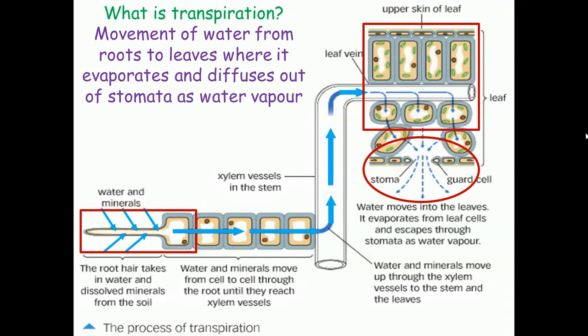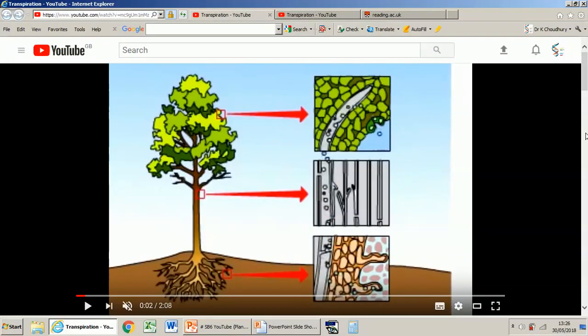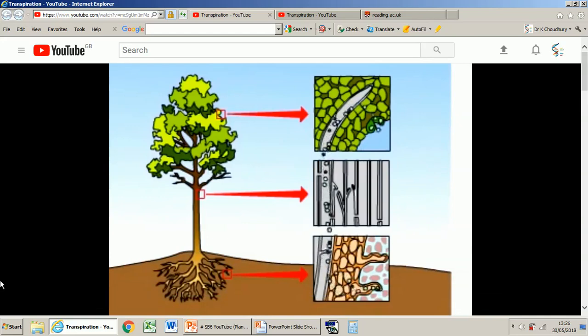And the key words here in the exam are evaporate and diffuse when you're talking about the water vapor. You can see here the water molecules are absorbed in the roots, and then they go all the way up to the leaves and they evaporate and diffuse out of the stomata.